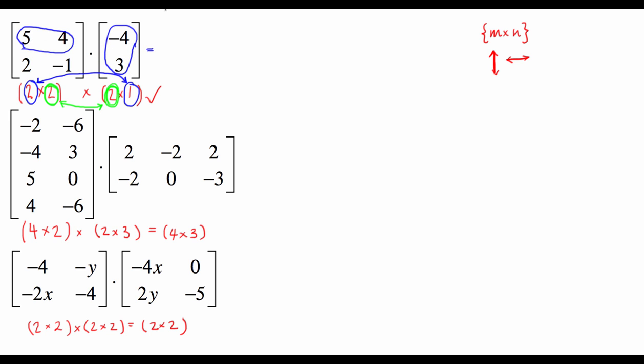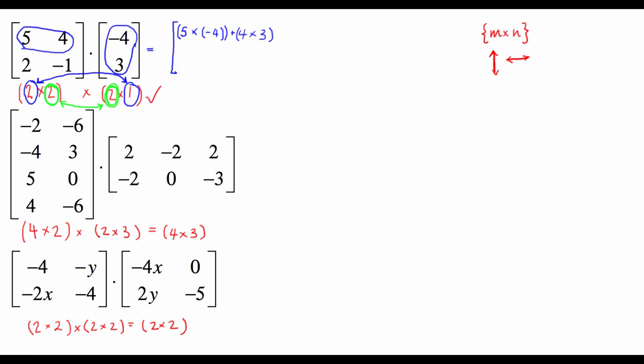So we go 5 times -4, and let's put this in a double set of brackets, then add that to 4 times 3.